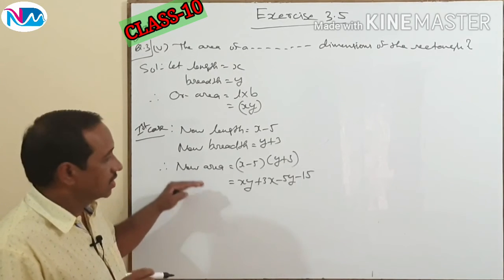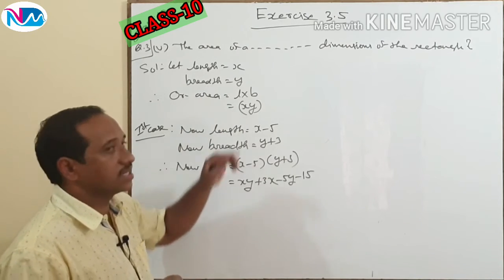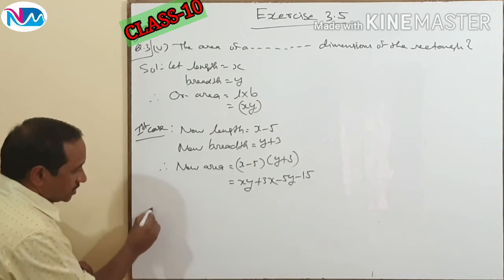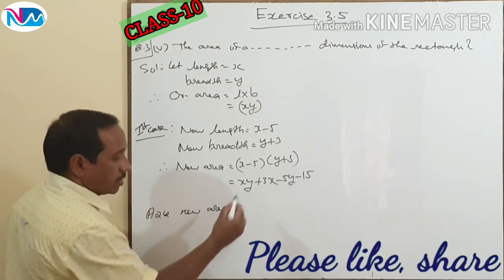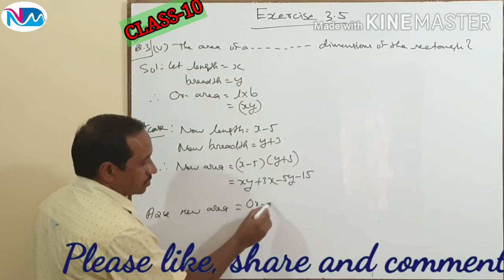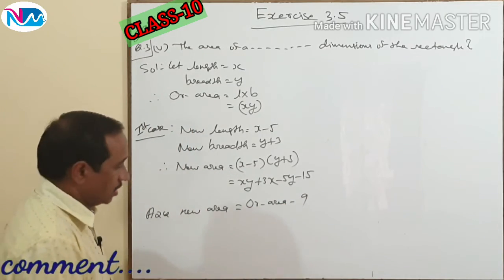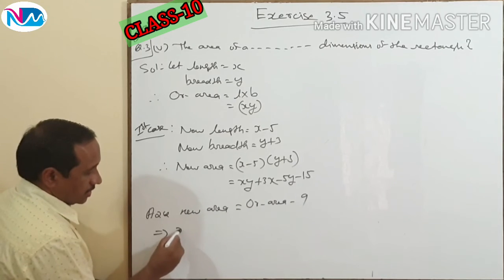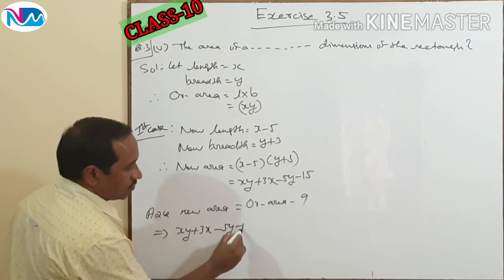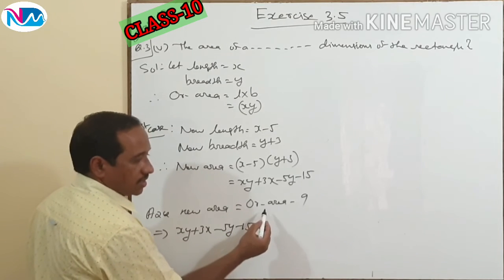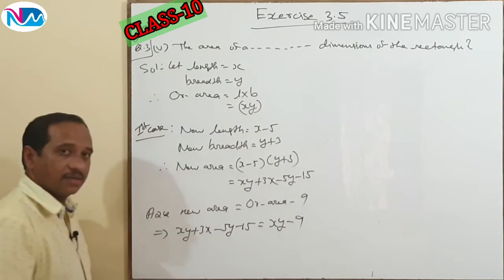But according to the question, the new area is 9 square units less than the original area. So the new area is equal to the original area minus 9. That is xy plus 3x minus 5y minus 15 is equal to the original area xy minus 9.